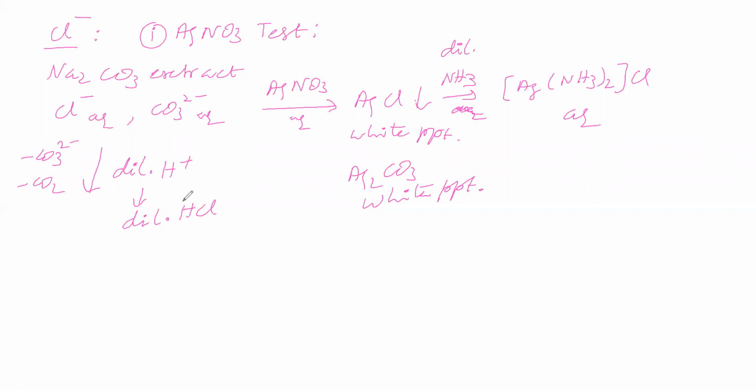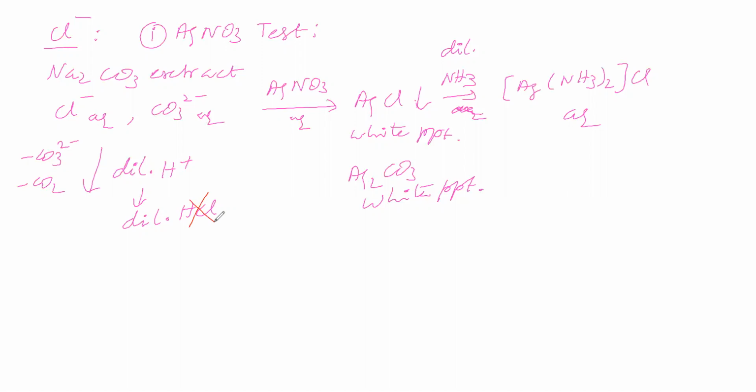This H plus converts carbonate into carbon dioxide. This Cl minus will be there in the resultant solution. This Cl minus will take Ag plus and form AgCl precipitate. Therefore, when you are testing Cl minus, how can we add HCl? We cannot. Therefore, we can't add dilute HCl.